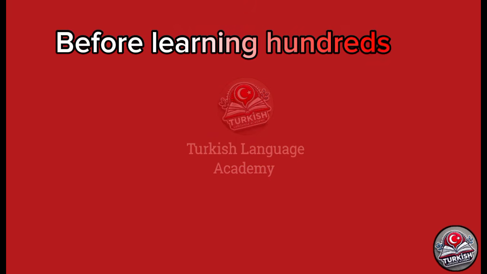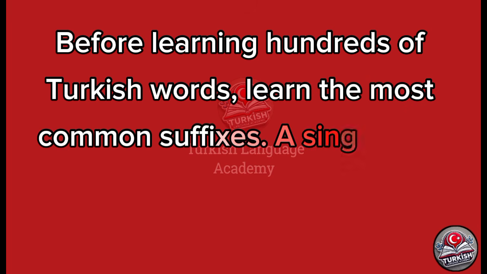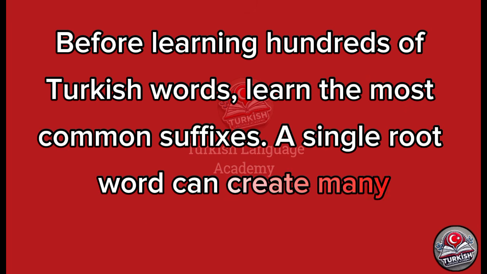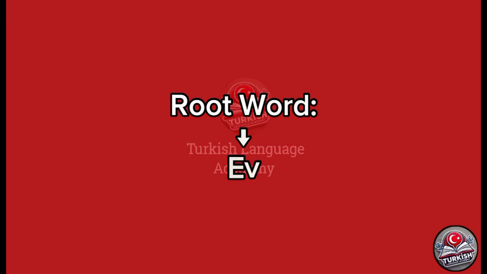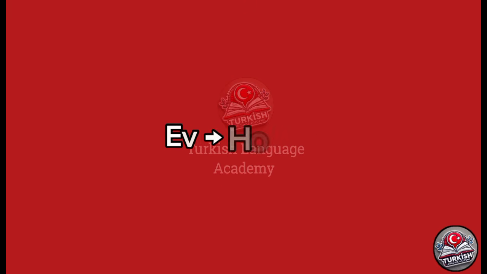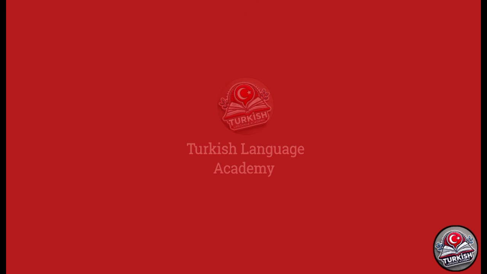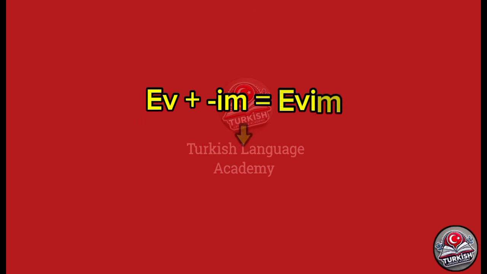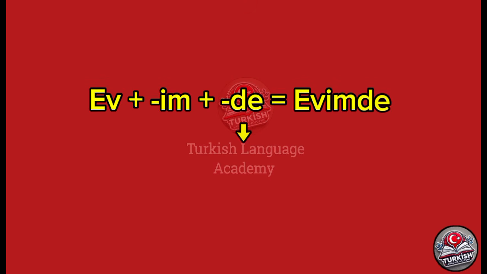Important tip. Before learning hundreds of Turkish words, learn the most common suffixes. A single root word can create many new meanings. For example, take a root word, ev, house. Evler, houses. Evim, my house. Evimde, in my house.